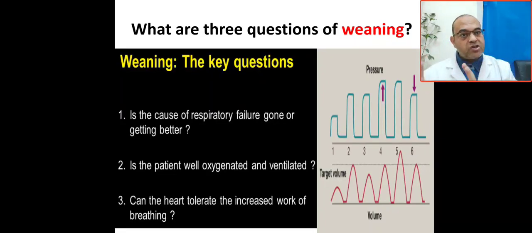So for oxygenation, the patient is well oxygenated and ventilated. Oxygenated, so the oxygen requirement is 30 to 40%, the PO2 in the blood gas is 60, and the saturation is maintained.